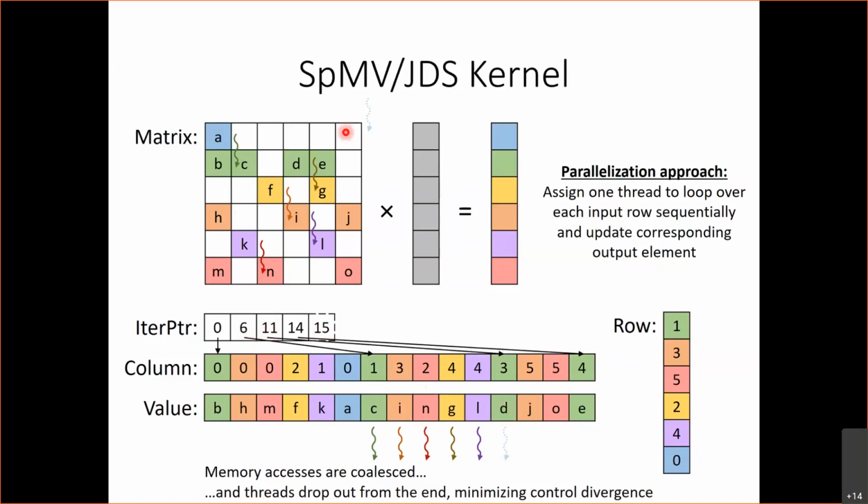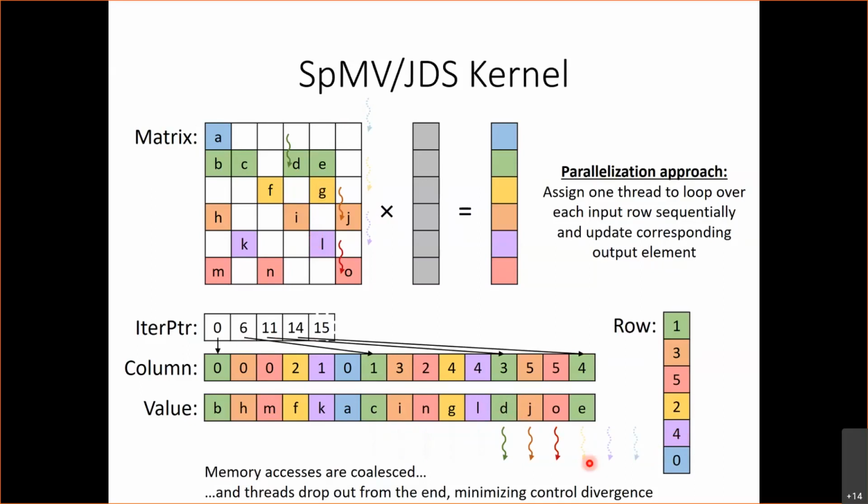The blue elements are done. This element is actually for the next iteration. On the next iteration, more threads are complete. So these 2 threads that correspond to the rows with 2 elements are done. But again, these threads are going to drop out from the end, because these 2 rows that have 2 elements are the last 2 rows after we do the sorting.